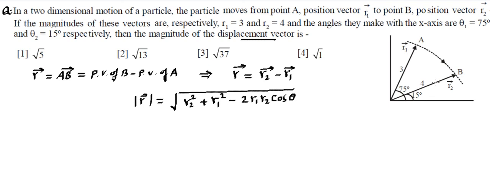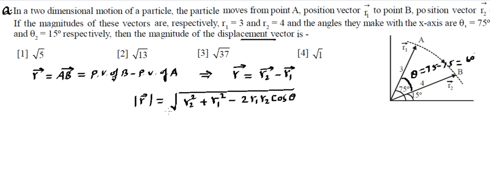This is r1, this is r2, so this is going to be the angle theta between the vectors. Now in this particular case we can identify what this theta is going to be, because the total angle is 75, this is 15, so it's going to be 75 minus 15, which we can write as 60 degrees.